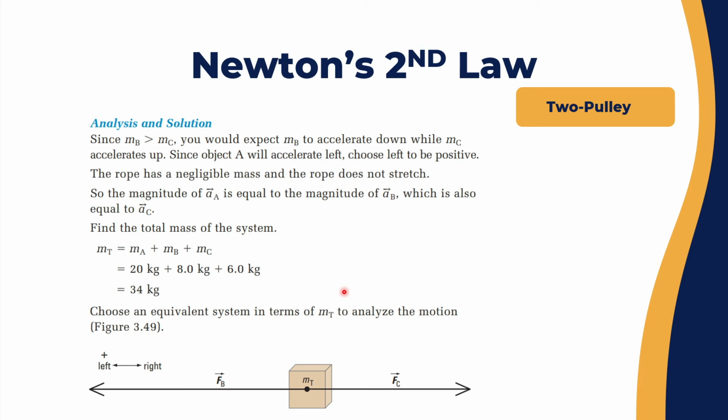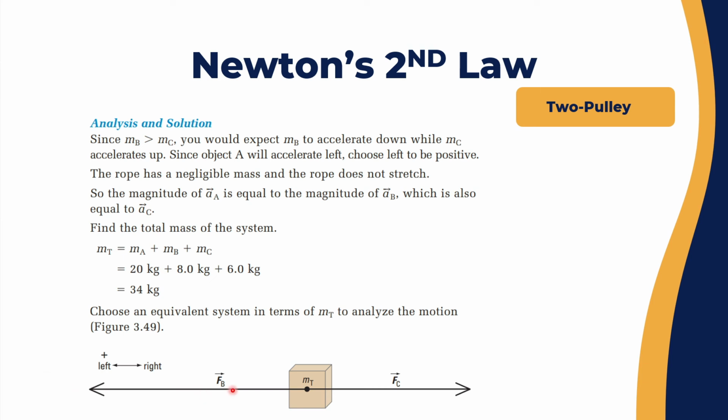Now what we do, we know that mass of B is bigger than mass of C. So the force would be pulling towards the mass of B. In the meantime, we find the total mass, MA plus MB plus MC, which is 34 kilograms. You draw the free body diagram, you have the total mass, FC pulling to the right, and FB pulling to the left.